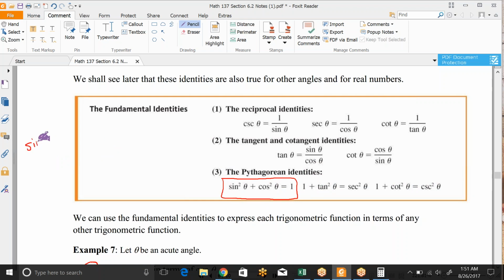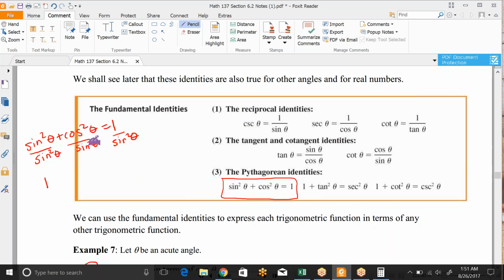So if you have sine squared theta plus cosine squared theta equals 1, and you divide everything by sine squared theta. Sine over sine, since they're both squared, that's just going to be 1.